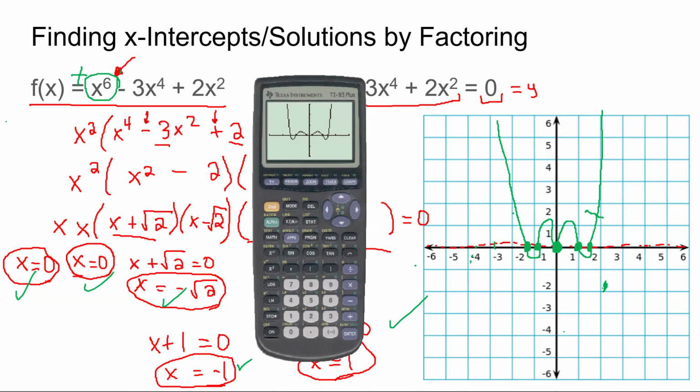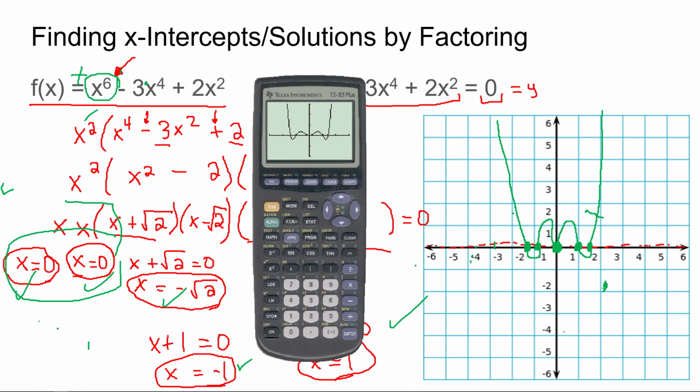The short answer here is that we had two zeros. And whenever you see a double root like that, when you see these two zeros right here, that double root says that that's a bounce.